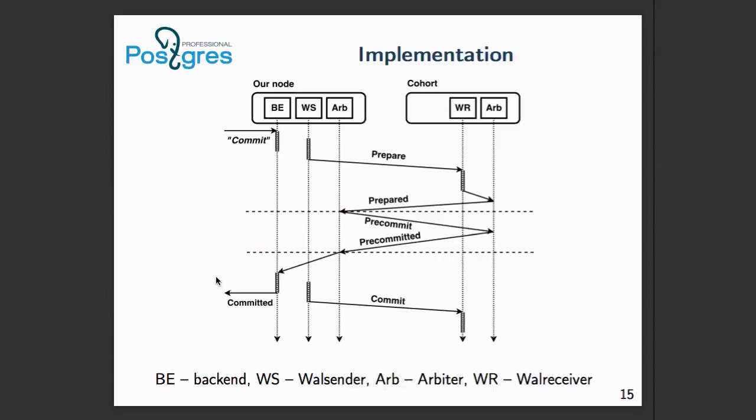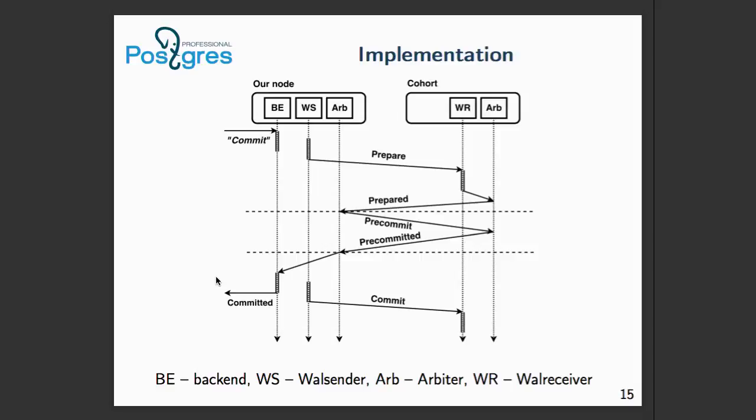So here is the main work line for our commit procedure. There are two nodes, the one that we are connected to, and a cohort of all nodes. I draw here one node, but actually that means all other nodes. And there is a bunch of background workers.